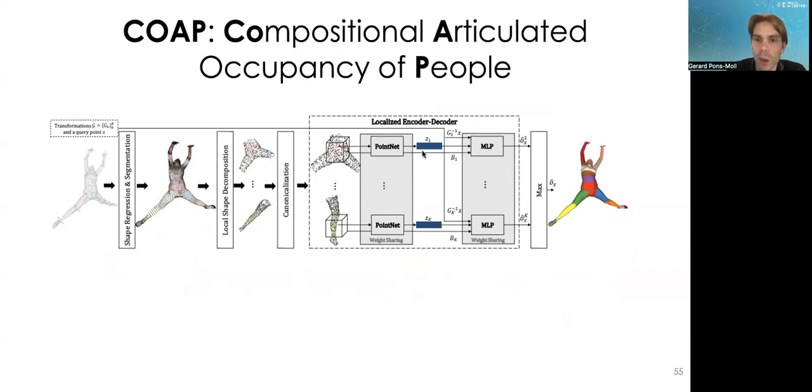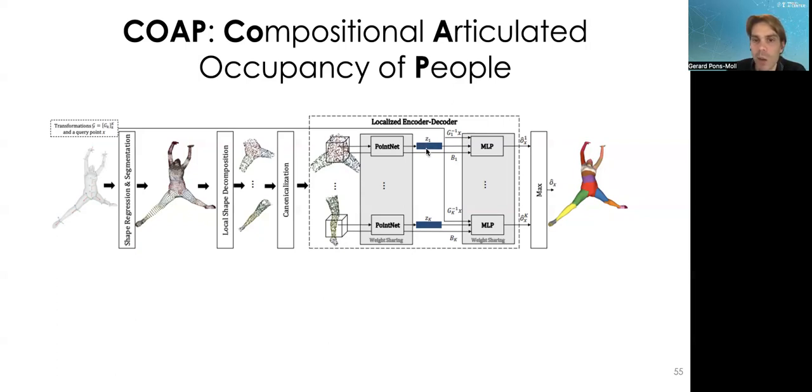And from these latent codes, we're going to predict these occupancies. So similarly as before, but the main difference is that now the networks can see the local structures of these unposed parts in the canonical space.